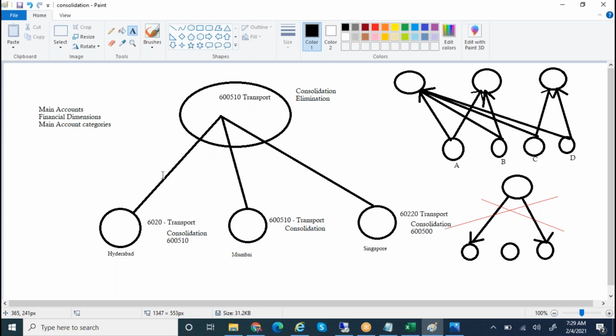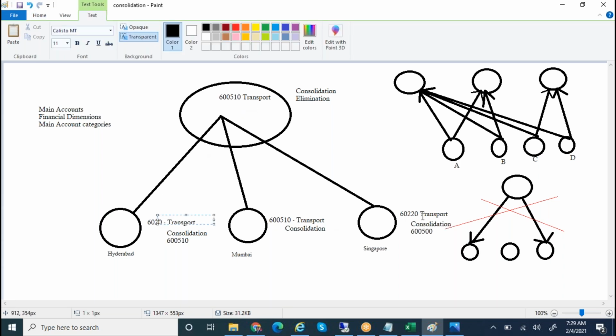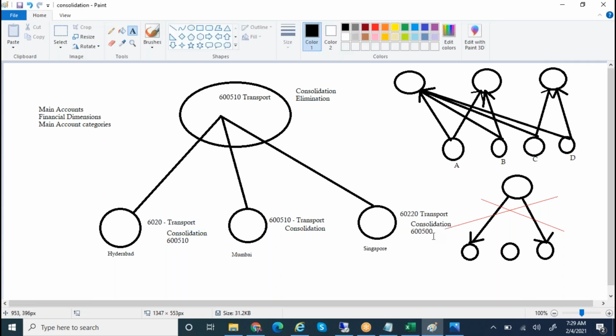Only this one point is a task for you to consolidate. Remaining all are the same, simple. You can proceed with consolidation and generate the reports. I told you reports will be generated for main accounts, financial dimensions, and main account categories.